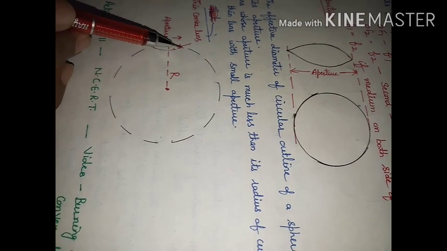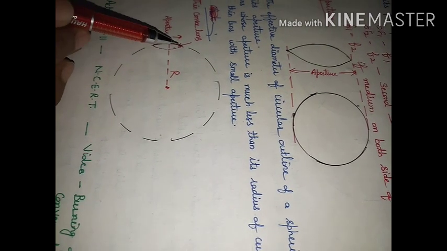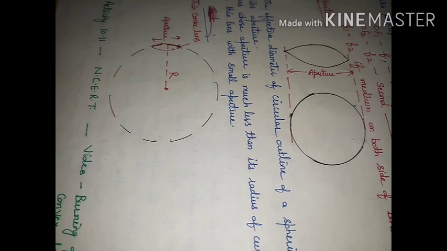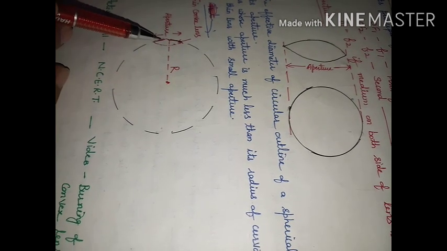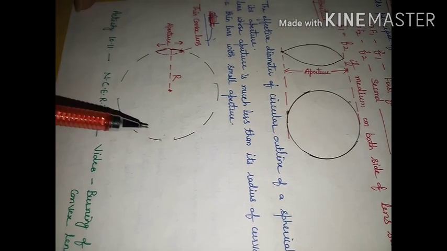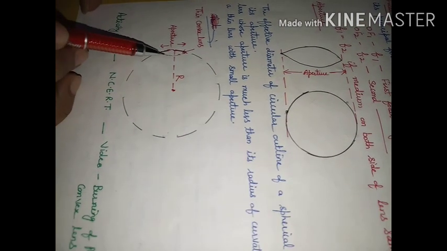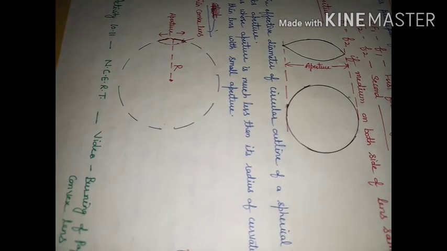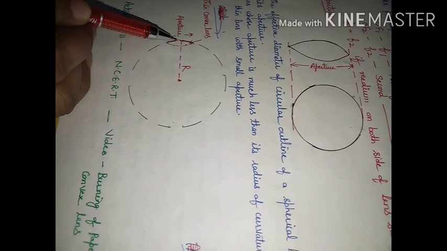If the aperture of a lens, or the diameter of the circular outline of the lens, is very small as compared to the radius of the sphere of which it is a part, then this lens will be known as a thin convex lens.